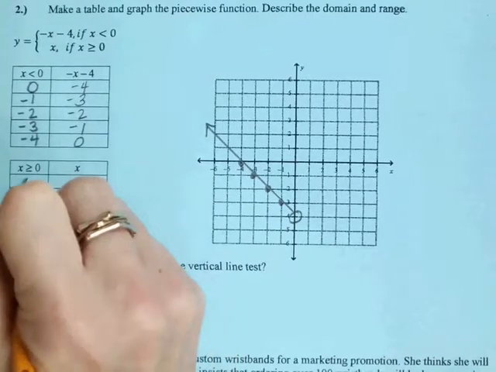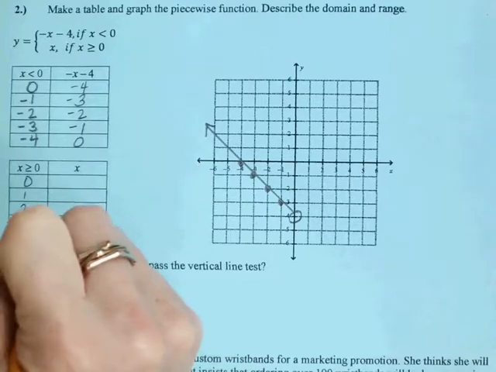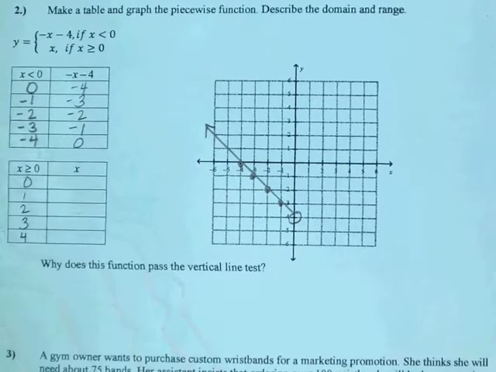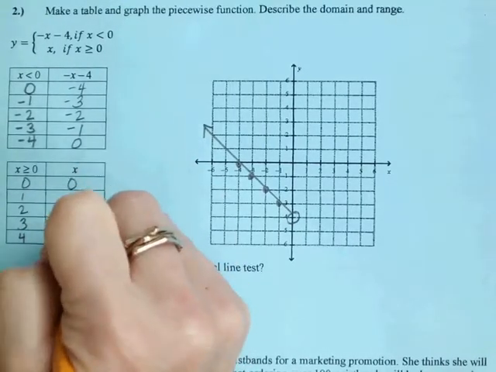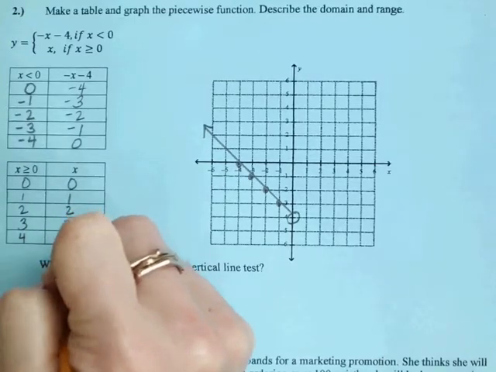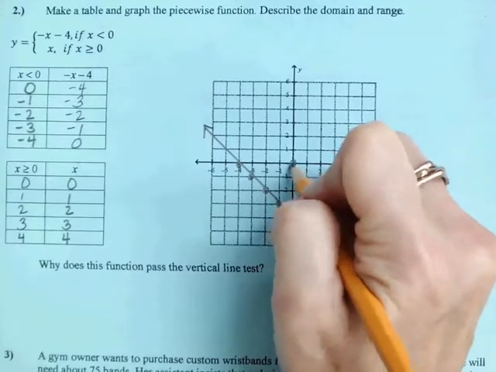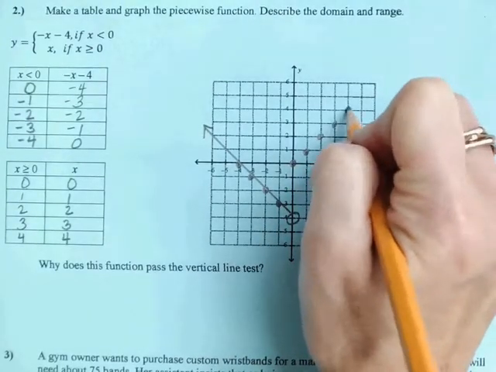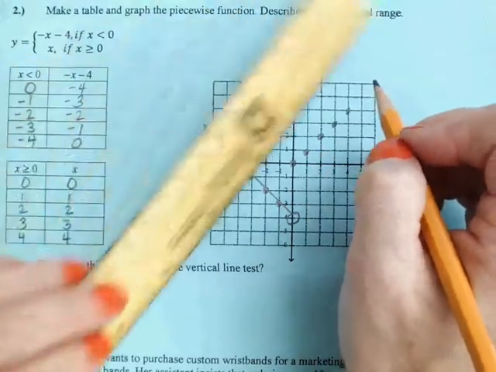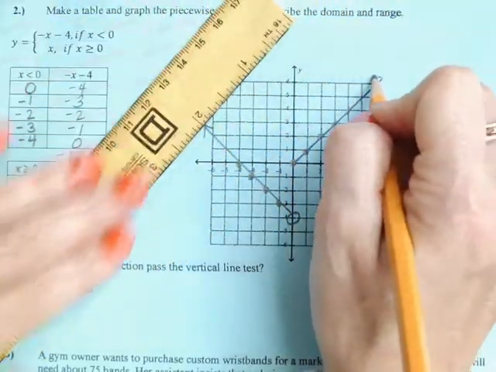So we have 0, x is greater than or equal to 0, and then other x values increasing. Okay, again, according to that inequality rule. Then we substitute our x values in for x. So we get 0, 1, 2, 3, 4. Okay. We're going to start at 0, 0, 1, 1, 2, 2, 3, 3, and 4. And draw your straight line.